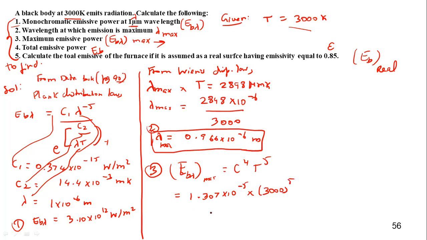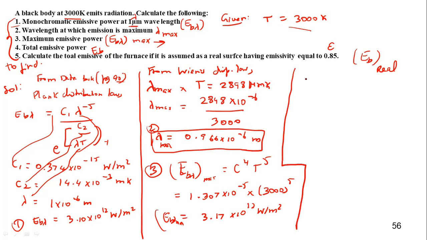We finally find the maximum emissive power is 3.17 into 10 power 12 watt per meter square. Okay. So that is E_bλmax. So that is the third value.